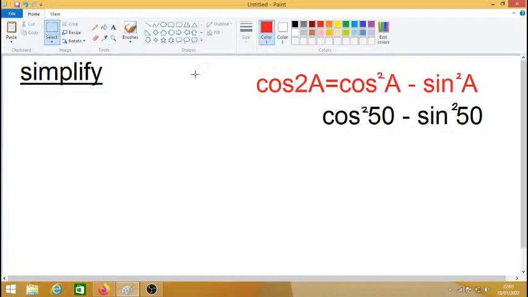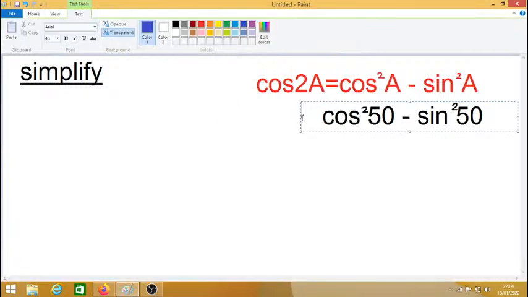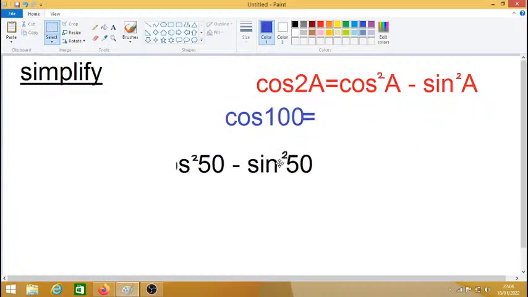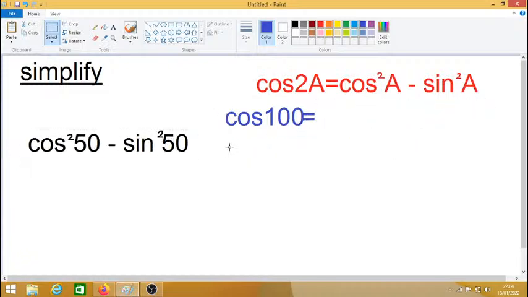So if it's 50 on this side, then it's going to be 2 times the 50 on the other side. Cos of 2 times 50 is 100, so cos of 100. So that's the answer, that we can simplify all of this as simply the cos of 100.